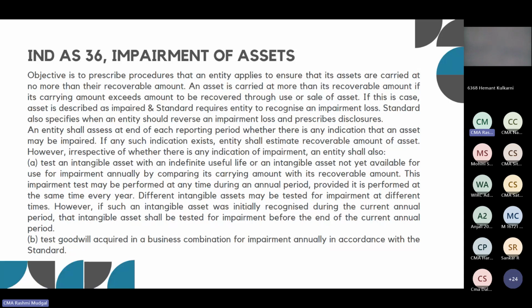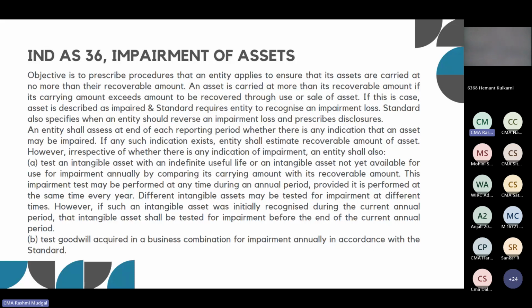Okay, so an entity shall assess at the end of each reporting period whether there is any indication that an asset may be impaired. If any such indication exists, the entity shall estimate the recoverable amount of the asset. However, irrespective of whether there is any indication of impairment, an entity shall also test an intangible asset with an indefinite useful life, or an intangible asset not yet available for use, for impairment annually by comparing its carrying amount with the recoverable amount.